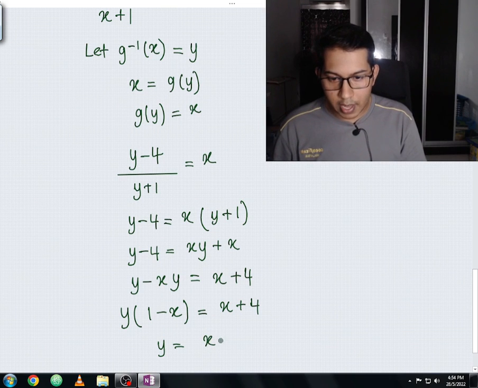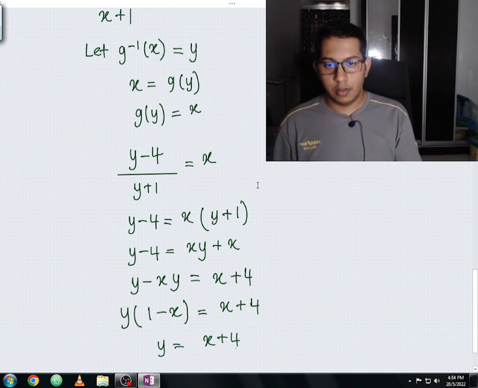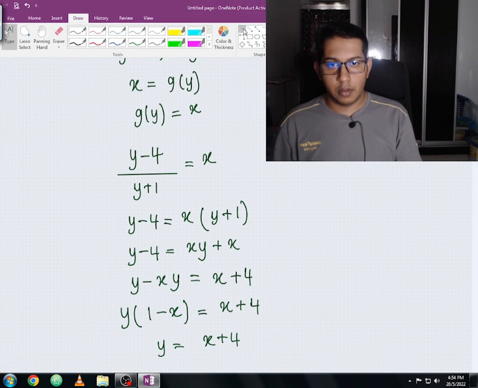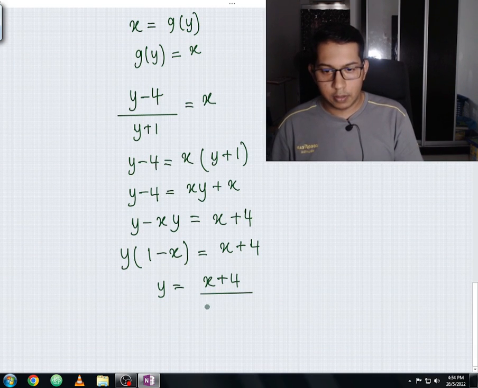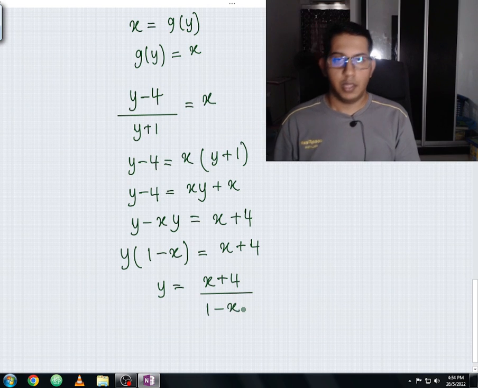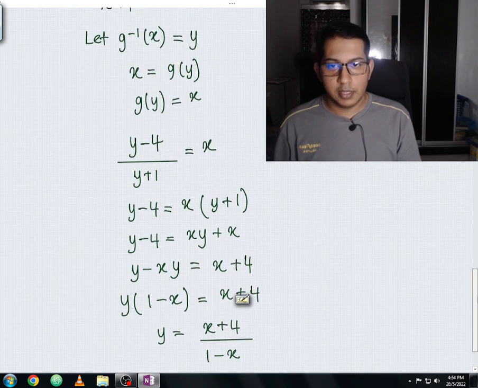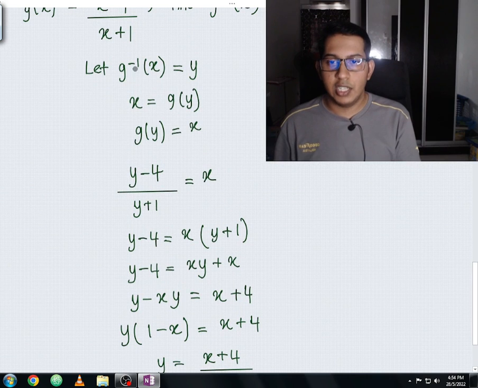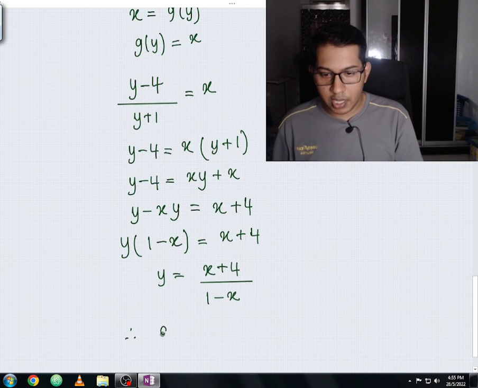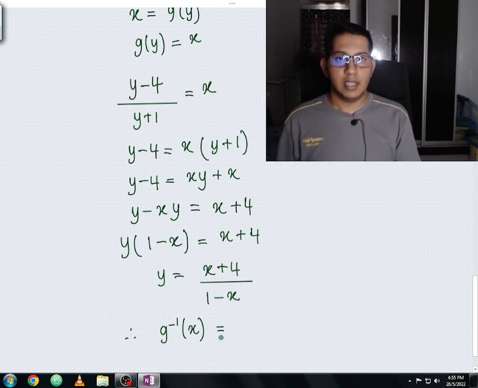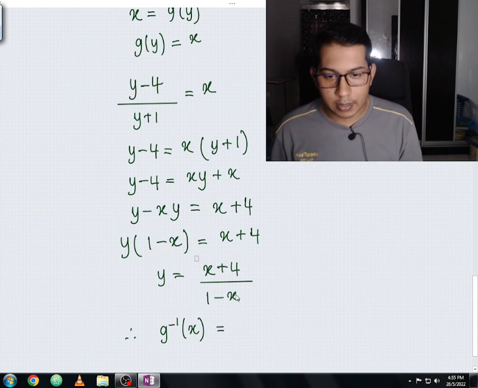So y equals x plus 4 divided by 1 minus x. Remember, in the early working we let g inverse of x equal y, and we have our y here, so therefore g inverse of x equals x plus 4 divided by 1 minus x.